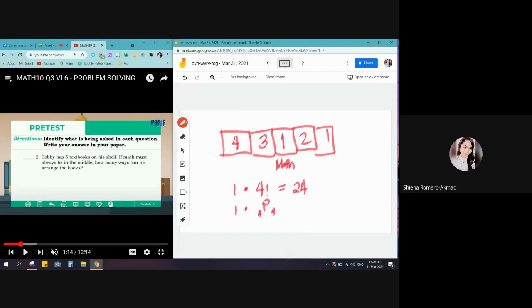Pwede yun. Or kaya naman, we can also use the box method. Kasi pag nilagyan ko pa ng ganito, baka malito pa kayo. Di tulad pag box method, mas madali. Sabi ng mga bata, mas naiintindihan daw nila pag naka-box method. So you can do that also.